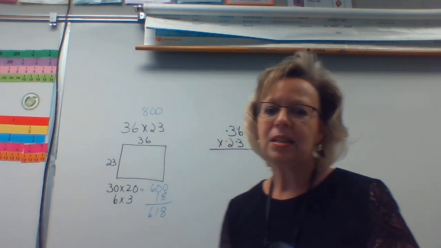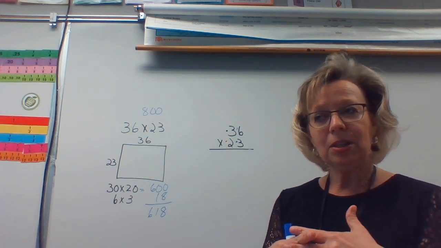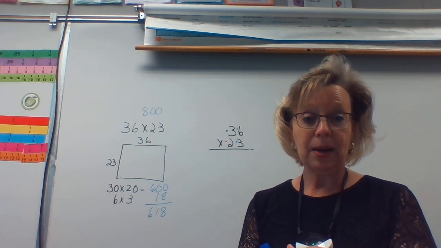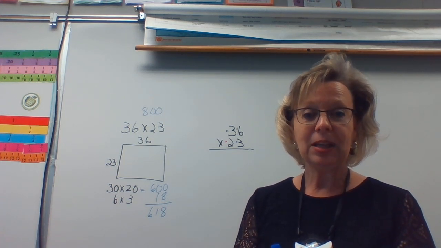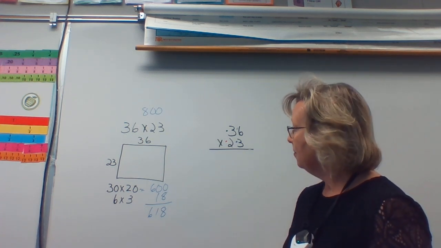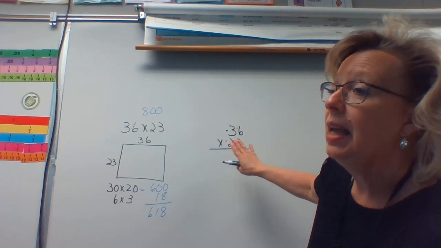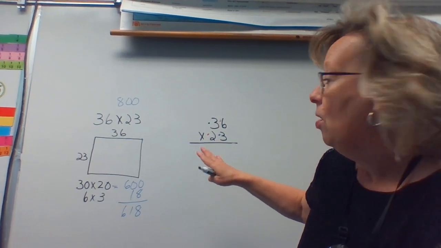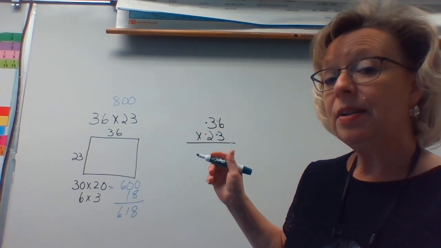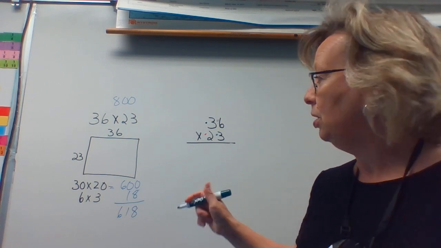This partial product strategy is similar to when we did numbers only in our 2 by 1 or 3 by 1 multiplication. If I have my problem written horizontally, I can do a numbers-only approach, which we'll call partial products when we're doing 2 by 2s.